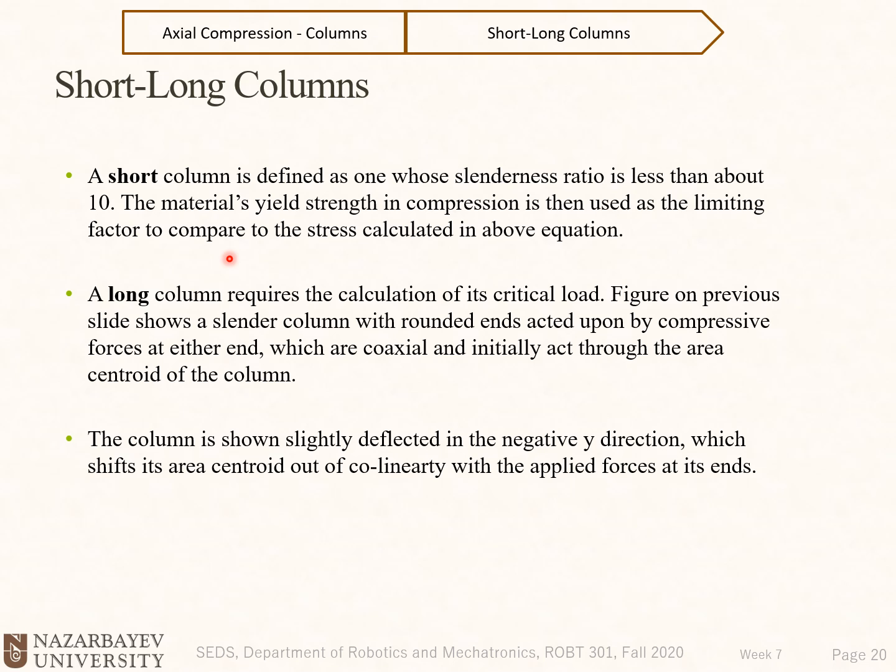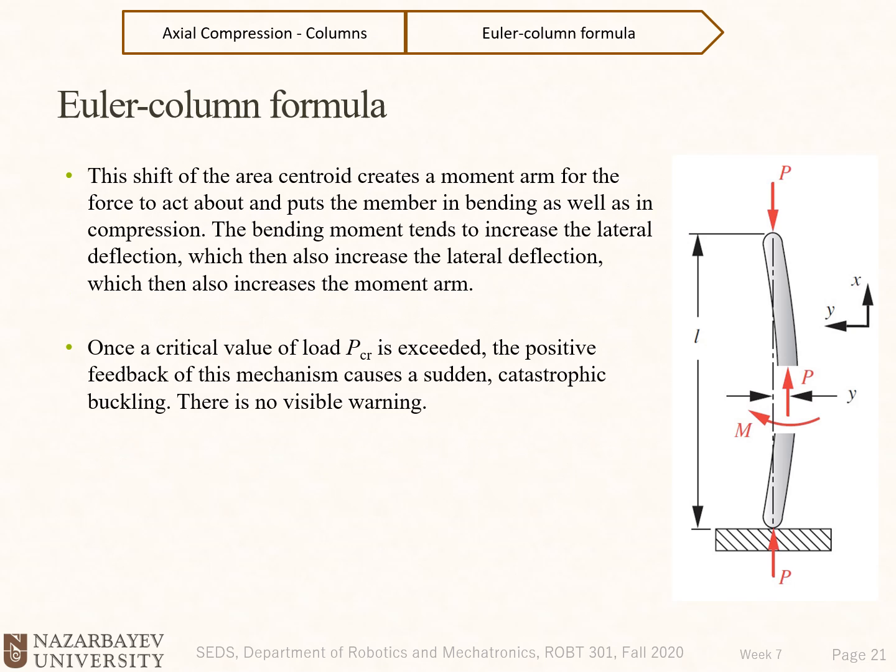The column is shown slightly deflected in the negative y direction, which shifts its area centroid out of collinearity with the applied forces at its end. So here you see that it's already deflected.